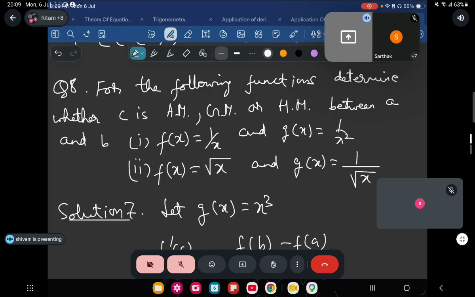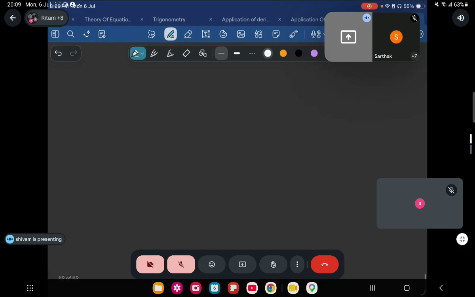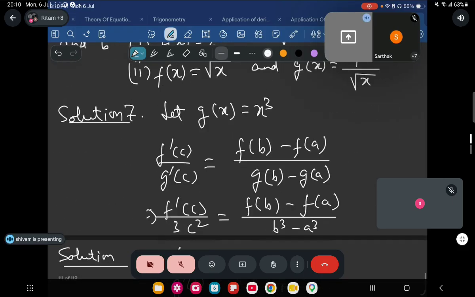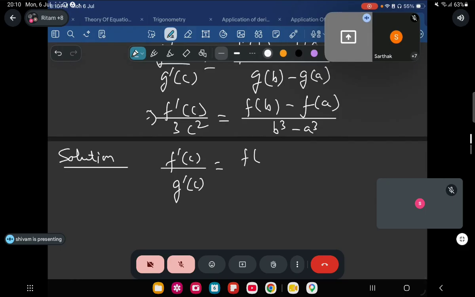Sarthak, pay attention in part 1. We have to do the same thing, right? f dash c by g dash c must be equal to f of b minus f of a upon g of b minus g of a.